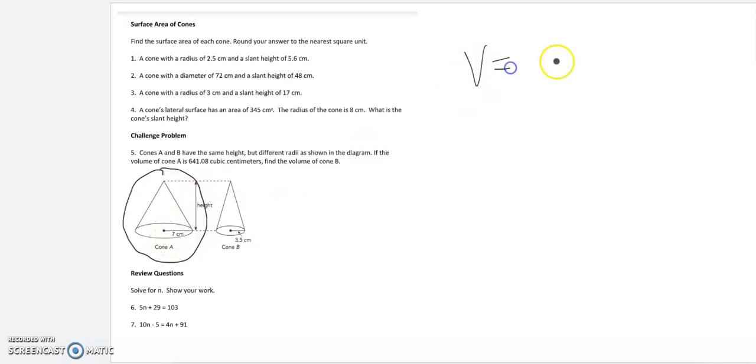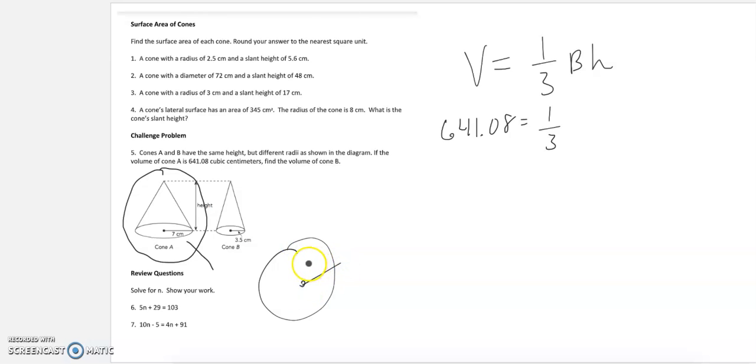Again, the formula is volume equals 1/3 area of the base times height. So let's fill in what we know. We know the volume is 641.08, which is equal to 1/3 times the area of the base. We know the area of the base because it says right here that the radius is 7. So we have a circle with a radius of 7.